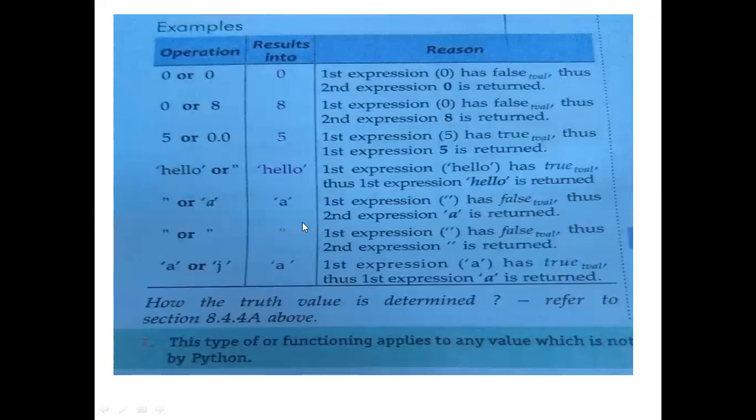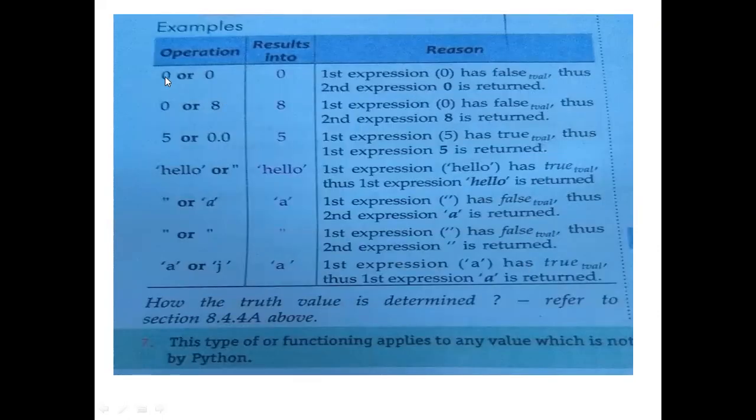So in this way, we will discuss 0 or 0.0. This is false. When x returns false, what is the value of the OR operator? See this table. You will refer to this table always. When x returns false, the OR gives the value of y, the second operand. So if both are false, then it will give the value of y. Next, 0 or 8: first returns 0 and this is true.